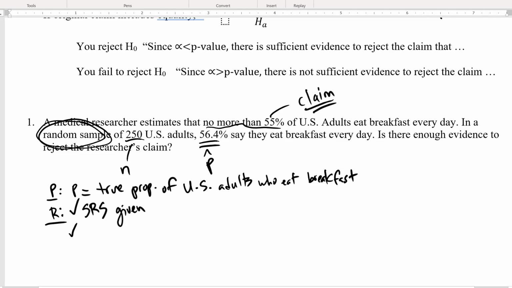What's the other requirement? I need successes and I need failures. They didn't give me successes and failures. They gave me a percentage, right? I need at least 5 successes and 5 failures. If they don't give me that amount, what I do is I take the successes, which would be n times p hat. 250 times 0.564.